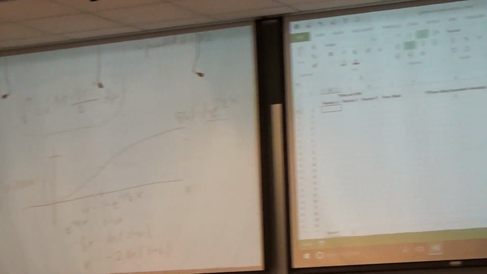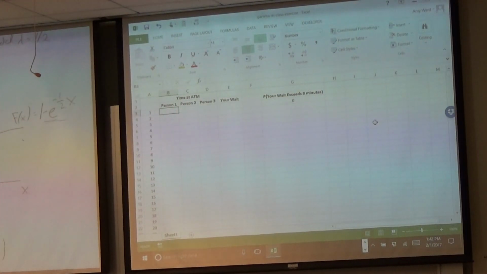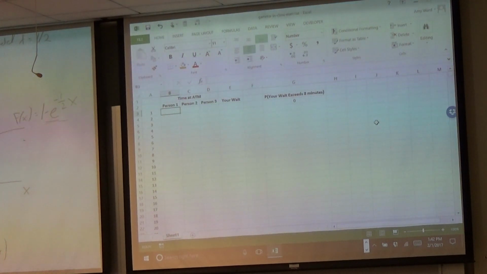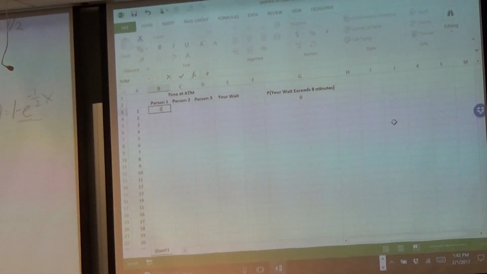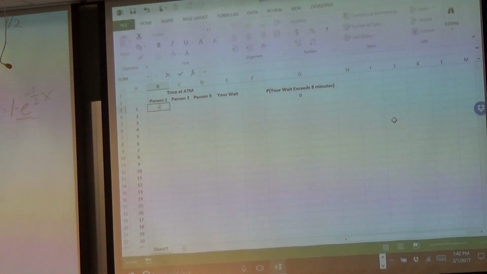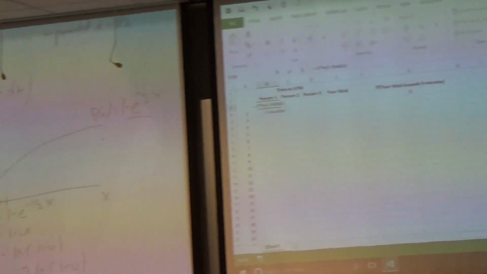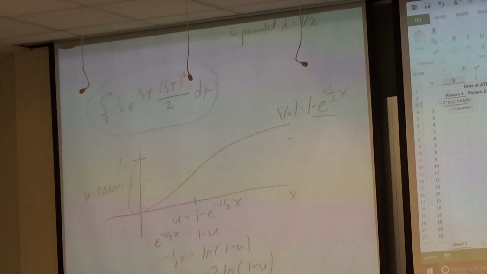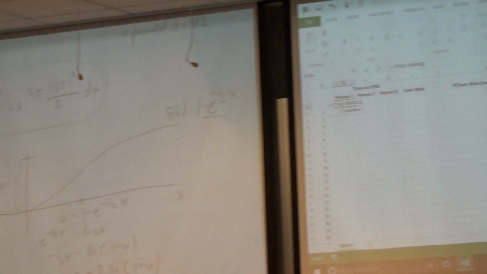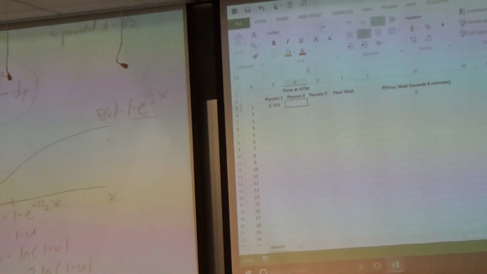Let's come over to my Excel file. How long does person 1 spend at the ATM? Let's do one trial. They spend an exponential amount of time, and this is going to be equals negative 2 times ln of 1 minus rand. That's what I just figured out. So there's a sample from the exponential distribution. That's how long person 1 spends.